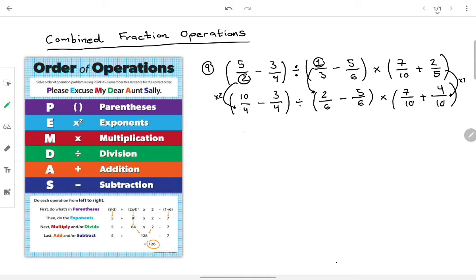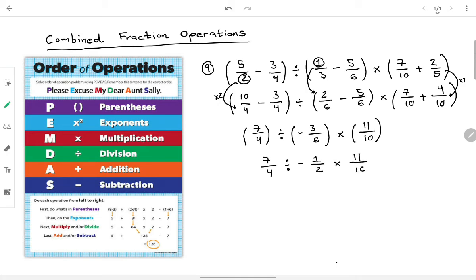So let's see, we will get here 7 quarters divided by minus, because the negative is bigger, minus 3/6 multiplied by 11 tenths. So let's see, we can simplify 3/6, so we can put this as 7 fourths or quarters divided by minus 1/2 multiplied by 11 over 10.